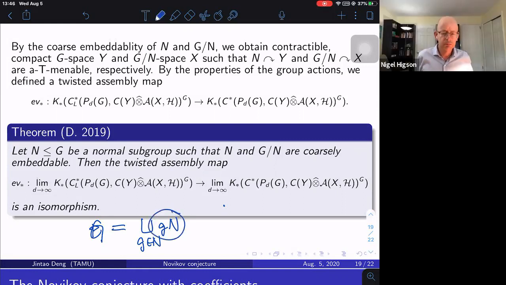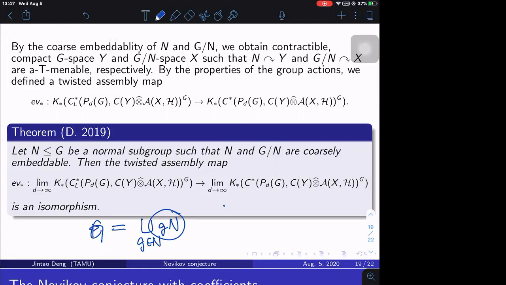So which means if we decompose the Roe algebra and localization algebra by the geometry of the quotient group, we have a bunch of Baum-Connes conjectures with coefficients for N, the normal subgroup.